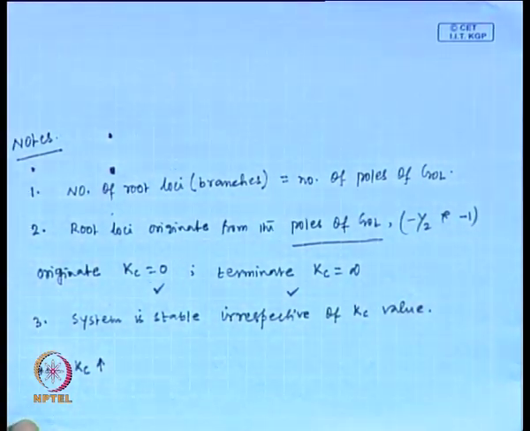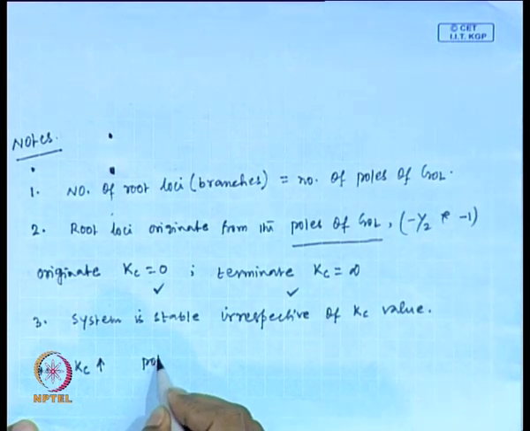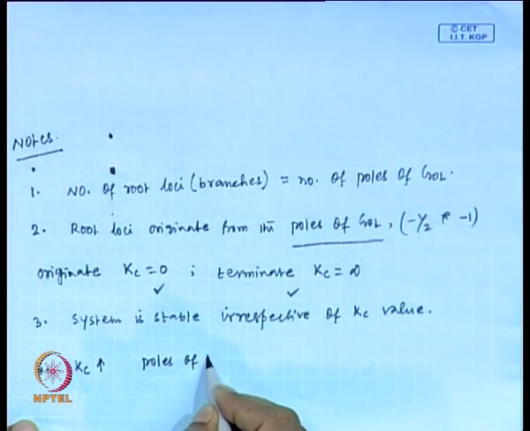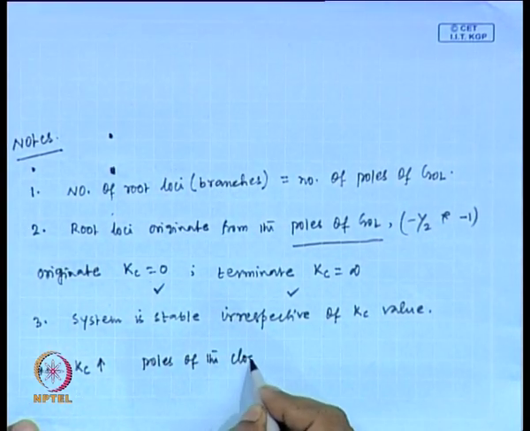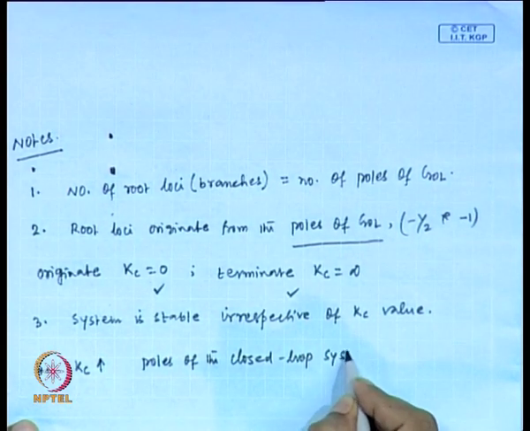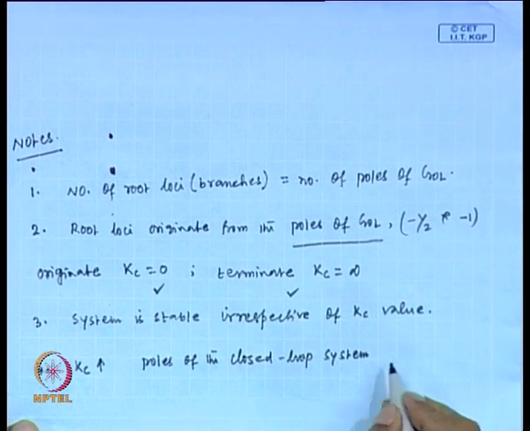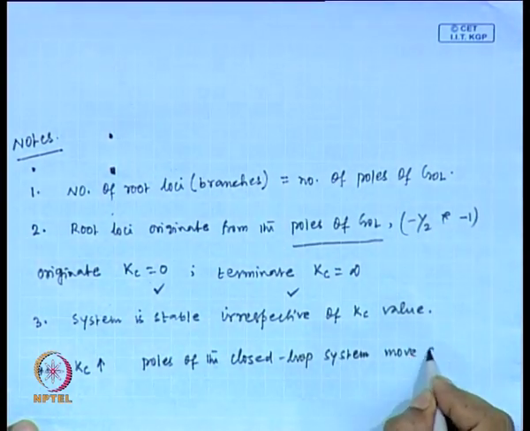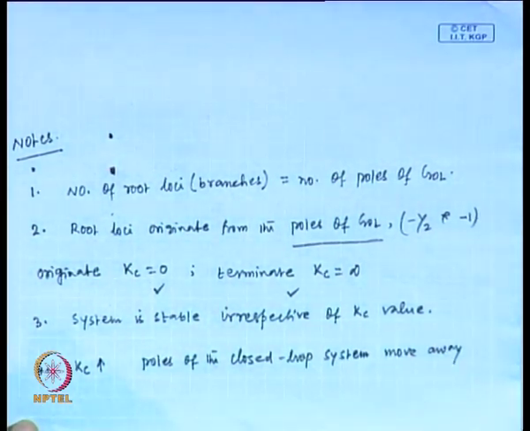Fine. So, you write: as the value of Kc increases, the poles of the closed loop system move away from the real axis.